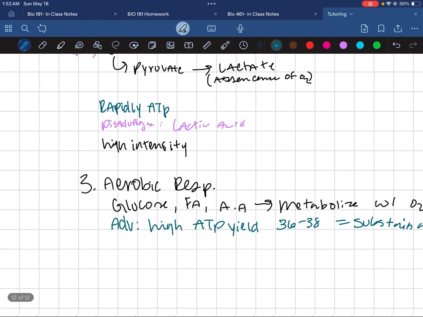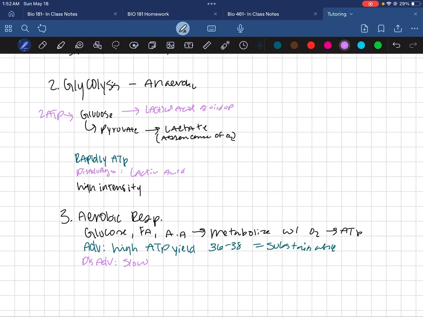And a disadvantage of this would be that it's a slower onset, because we have to create more ATP for every ATP that we get rid of. It's a bit slower.